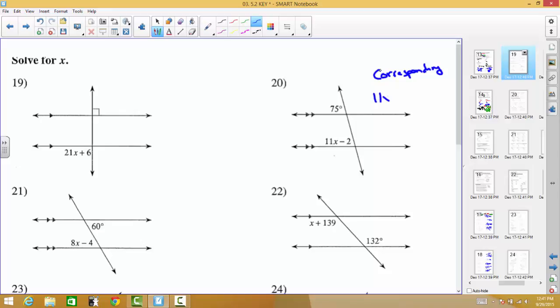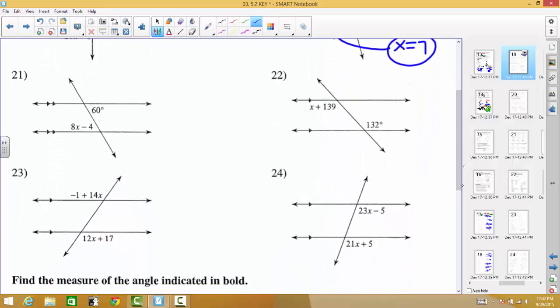So 11x minus 2 would have to equal 75. In order to solve this, you would get the x alone. First, you would move the 2 over. So 11x would equal 77. And then you would divide by that funky 11. So x is 7. So when you plug 7 in, 7 times 11 is 77, minus 2 is 75. You might just want to check, and yes, that works. They're the same.